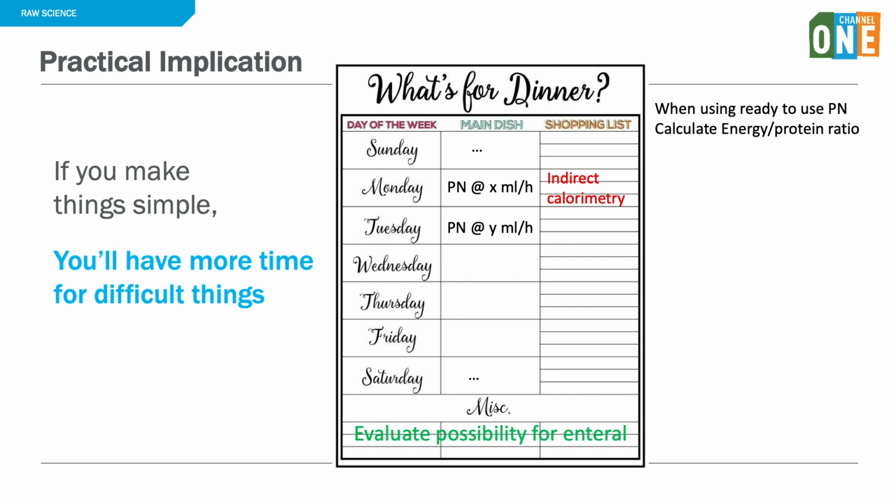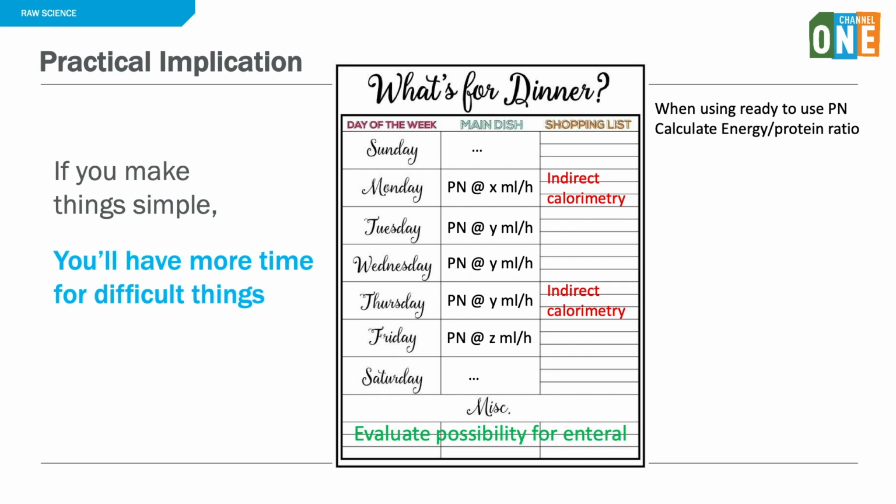We perform indirect calorimetry at day 3, and we adapt the rate of the parenteral nutrition. We have 4 ICUs in our center, so pragmatically on Monday and Thursday in 2 ICUs we perform the indirect calorimetry, and in the other 2 ICUs it is on Tuesdays and Fridays that we do indirect calorimetry and adapt the rate of the parenteral nutrition.